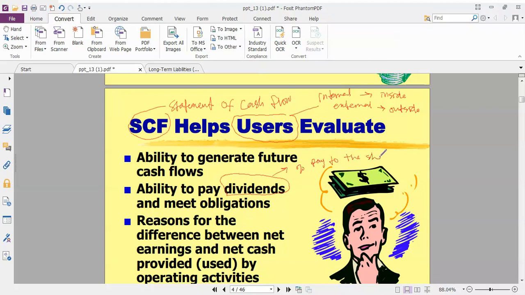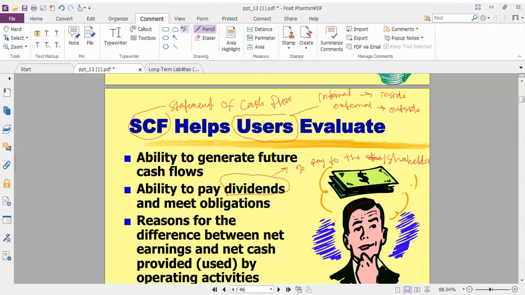If you can remember, dividends, how do I spell this? Shareholders. Pay to the shareholders. The company should have enough cash flows in order to pay the shareholders dividends.